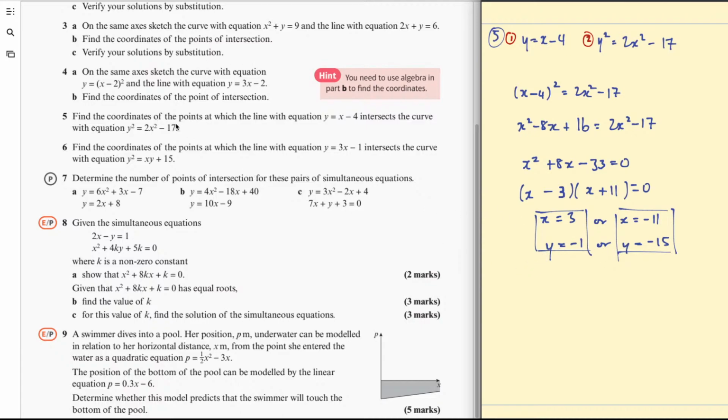If anything, these questions are an argument against graphing simultaneous equations. Look how easy this is algebraically, and then how difficult this would be to graph, this function, or this equation, sorry.